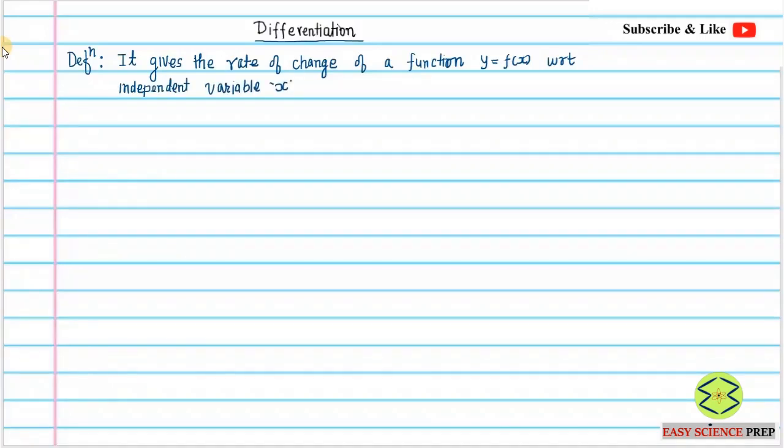So it gives you the rate of change of function y equal to f of x with respect to independent variable x.